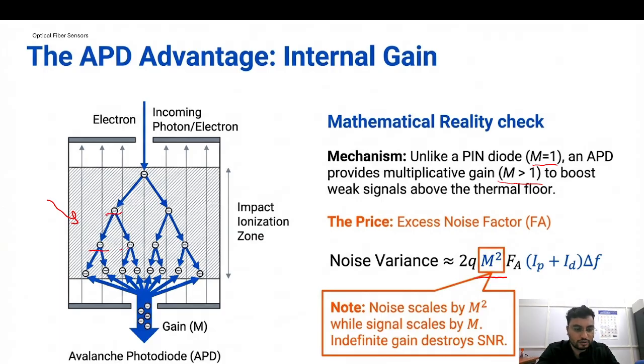Again they hit, and the multiplication happens, and that's how the APD works. It's a very random process. One can hit one also or two also, or the hole also can generate an electron-hole pair again. It's a very random process, and that's why it is a square of the multiplicative gain.